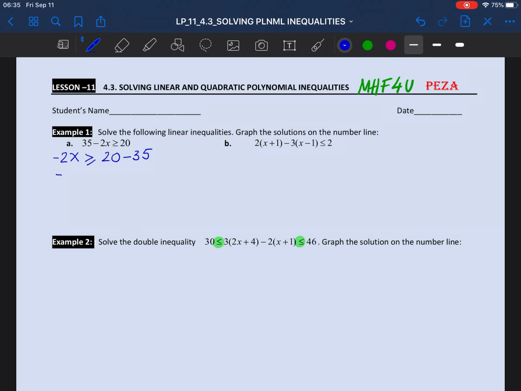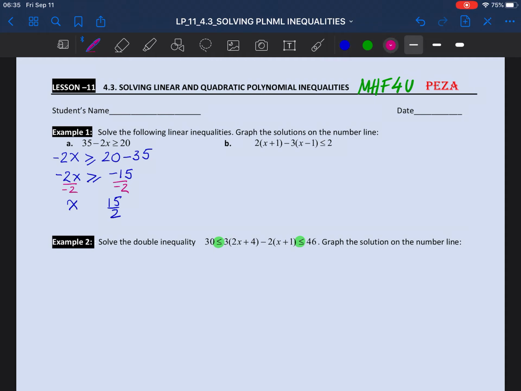So here we go. We'll simplify each side. Now it's time for us to isolate x from negative 2. So we divide both sides by negative 2. That gives just x on the left side, and the right side becomes positive 15 over 2.